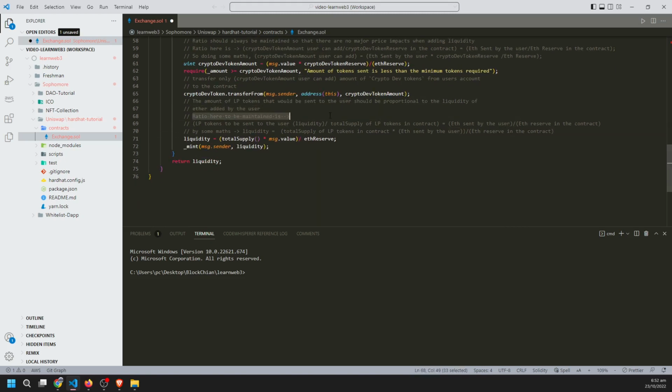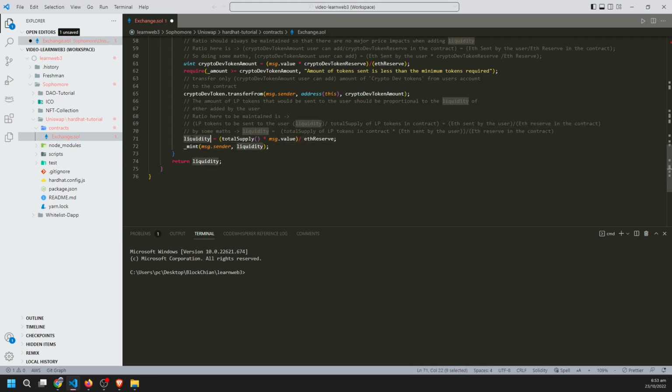Okay, so here we maintain the LP tokens to be sent to the user. Liquidity divided by the total supply of LP tokens in the contract equals the ether sent by the user divided by the ether reserve in the contract. So liquidity equals the total supply of LP tokens in the contract multiplied by the ether sent by the user divided by the ether reserve of the contract.